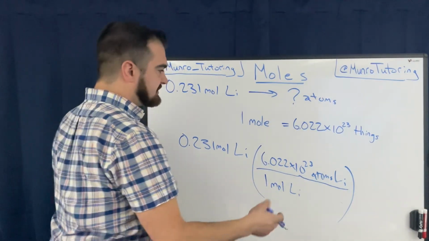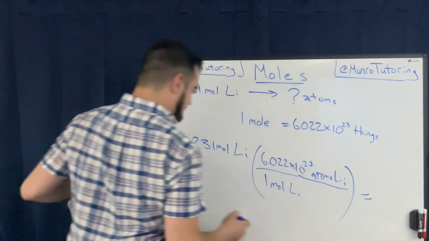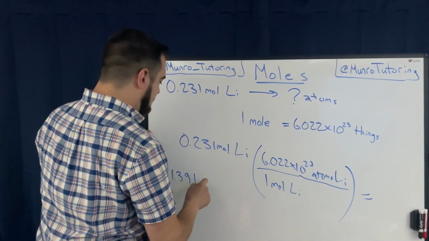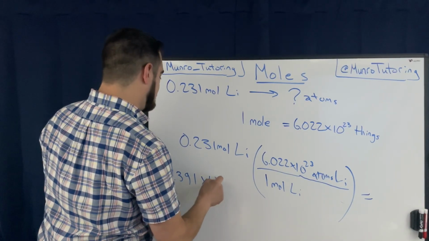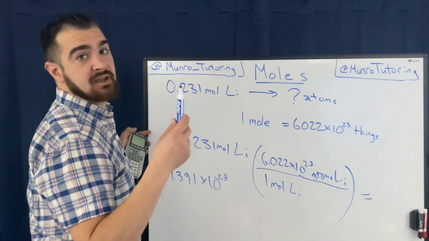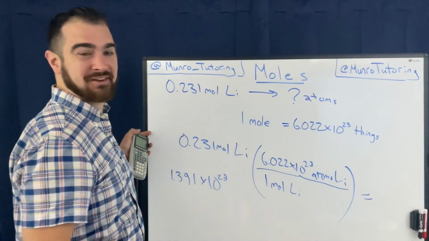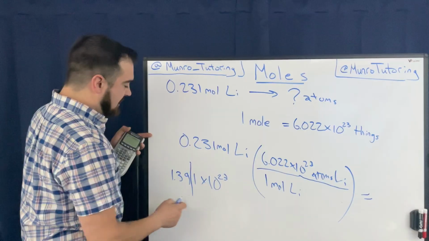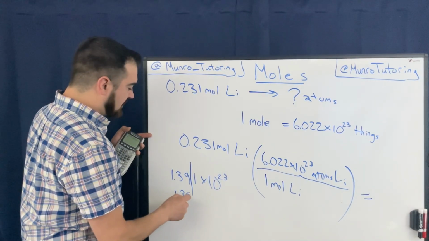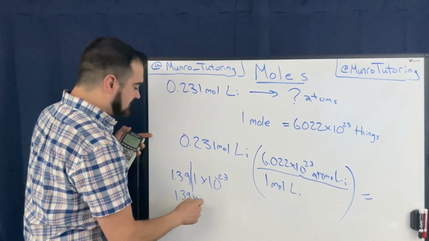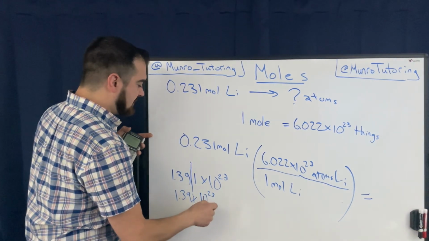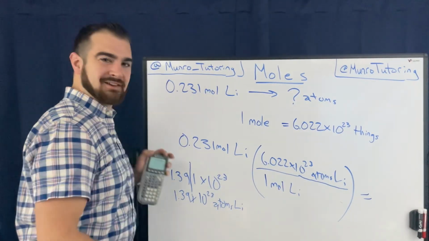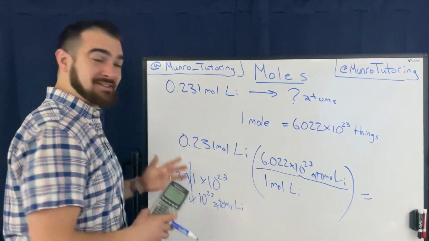And we get as our answer, let me write that down over here, 1.391, and then there's more digits, times 10 to the 23rd. We always have to use the correct number of significant figures. So we want to use the 3 that we have here, 1, 2, 3, and we're just going to round this to 1.39 times 10 to the 23rd, and that's atoms of lithium. It's hard to write down there at the bottom of the board. And that's it. All right, guys?